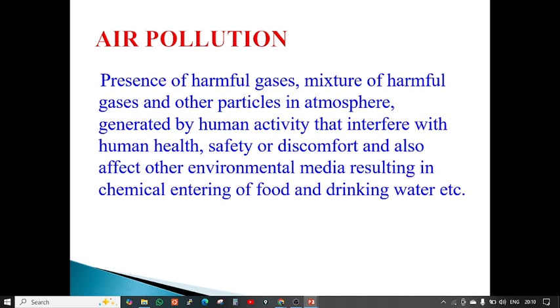In a dusty environment, some people suffer from asthma, which means health is seriously affected by air pollution. So in order to create a healthy environment and take care of your health, you need healthy air to inhale, because we require the oxygen in air for metabolism in our body.